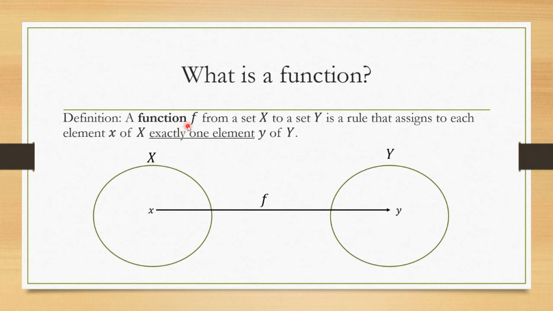So a function, little f, is a rule that assigns to each element in capital X exactly one element from capital Y. The exactly one part I actually underline because that's very important.